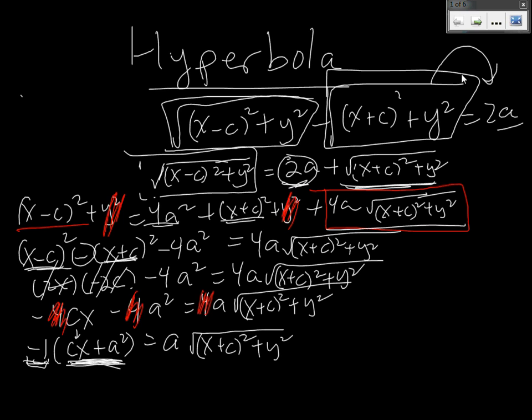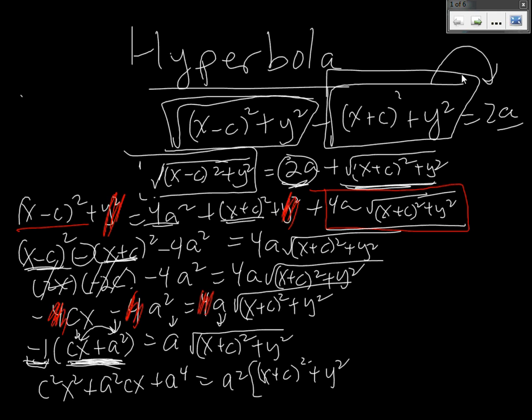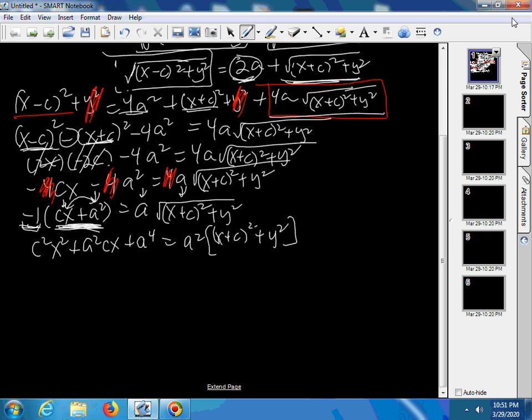So I get the first squared, c squared x squared, plus 2 times the product of the two terms, a squared cx, plus I get the second term squared, a squared squared, a to the 4th. This equals this squared times this squared, which is just (x plus c) squared plus y squared. Okay, we're getting there. Almost to the end.